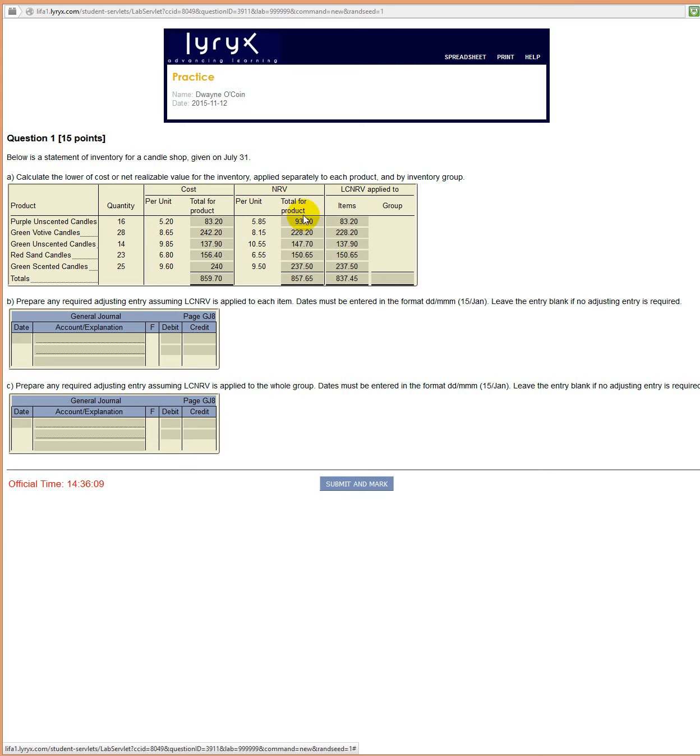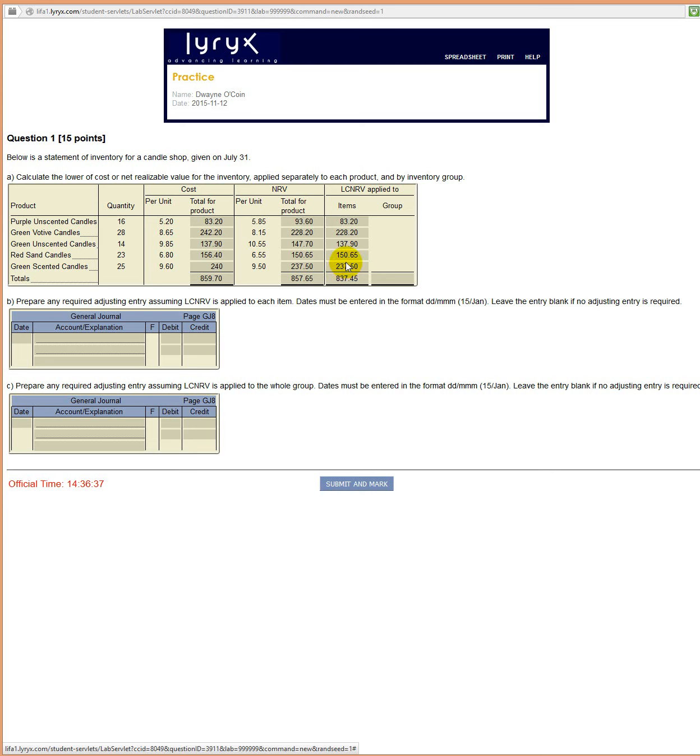Let's begin again here. Purple unscented candles, we can sell them for more than we purchased them for. But the green votive candles, we can only sell them for 228 when we bought them for 242. So the value has reduced in that case. In the case of the green unscented candles, we can still sell them for more than we bought them for. But red sand candles have apparently gone down in value, as have green scented candles.